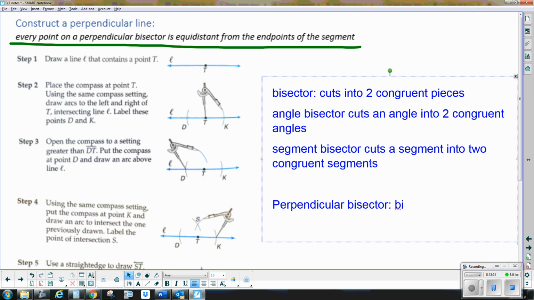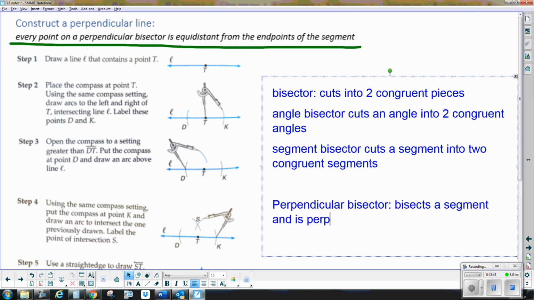And this specifically will be talking about a segment. Okay, so a perpendicular bisector bisects a segment. So a perpendicular bisector bisects the segment and it's perpendicular to that segment.